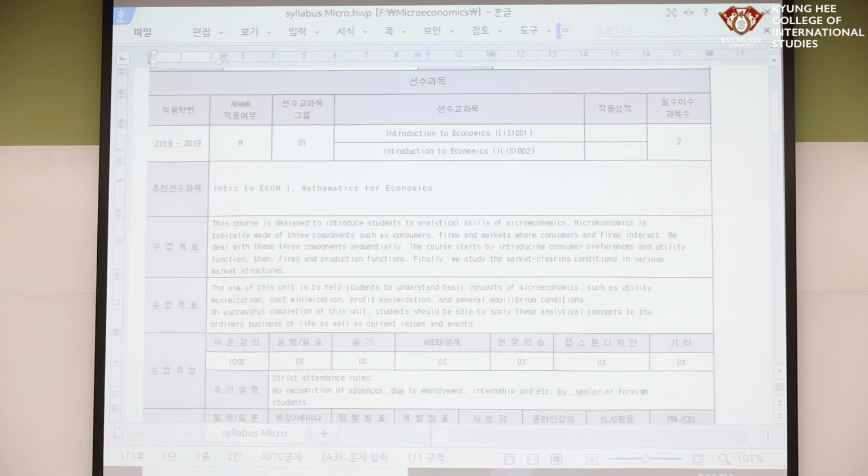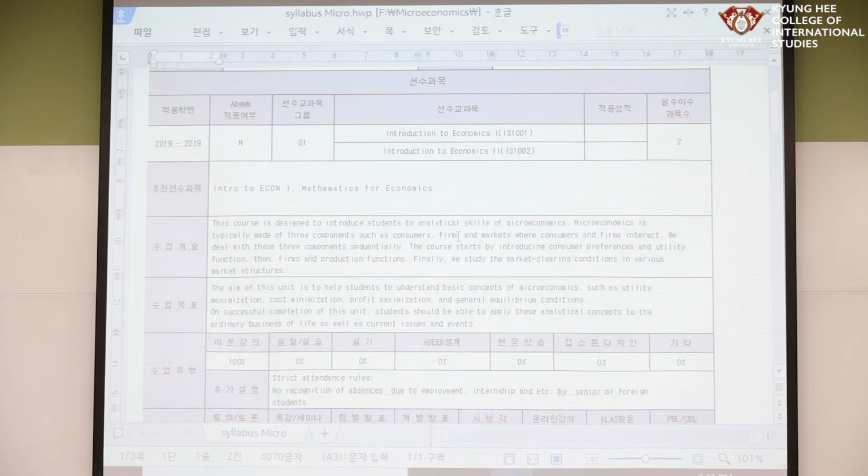The outline of the course is as follows. This course is designed to introduce students to the analytical skills of microeconomics. Microeconomics is typically made of three components: consumers, firms, and finally markets, where consumers and firms interact. We deal with these three components sequentially. In consumer theory, we study the utility maximization problem.